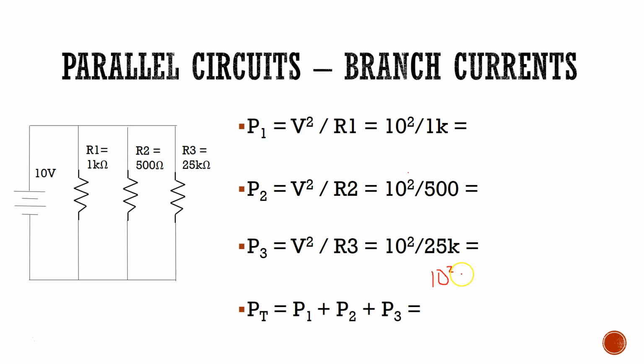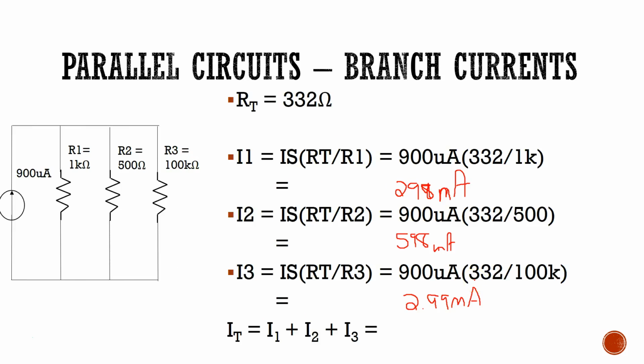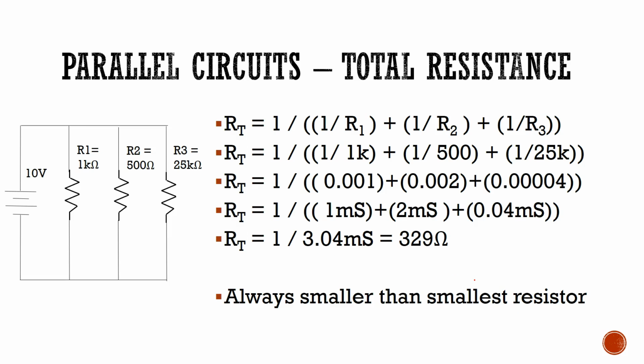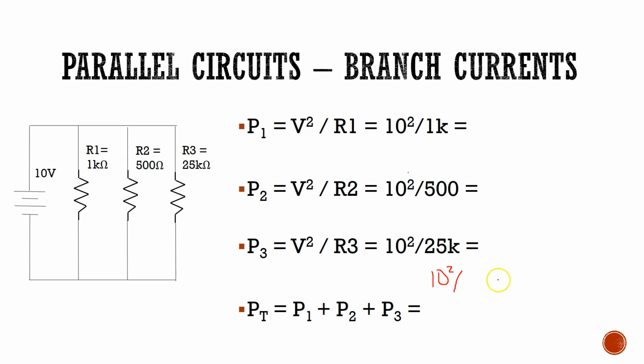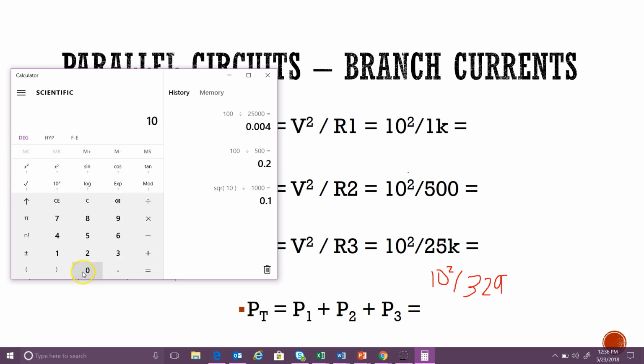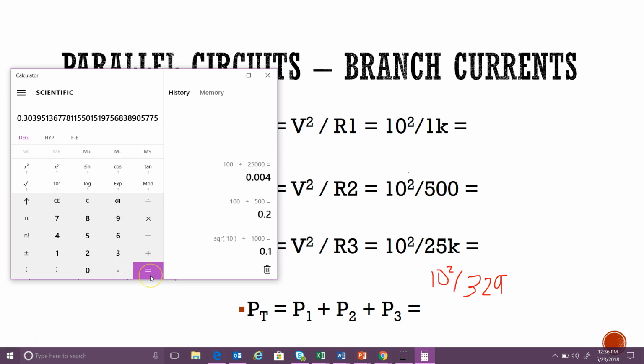In this case, 329 ohms. 304 would round up, milliwatts. There we go.